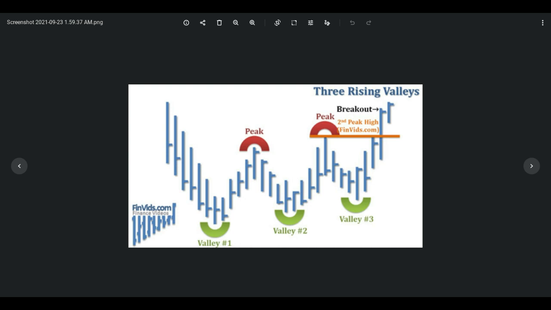Pattern description: a pattern of three proportionally higher lows that typically occur at the end of a downtrend.